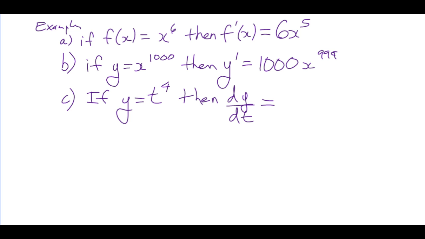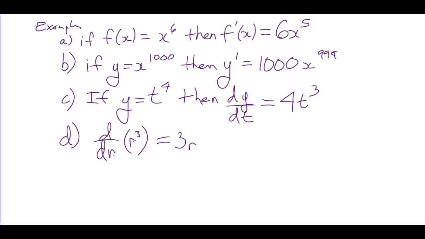Yes, I'm suddenly working in all these different notations: f of x, f prime of x, y prime, y is t to the 4th, and then dy by dt. And how about d by dr of r cubed? It's 3r squared. These better match, right? You can't do d by dx of r cubed.